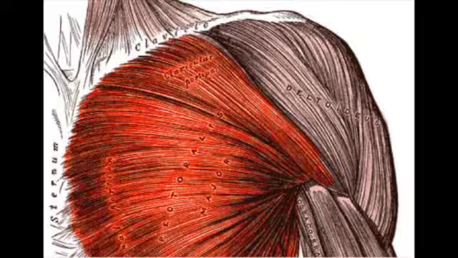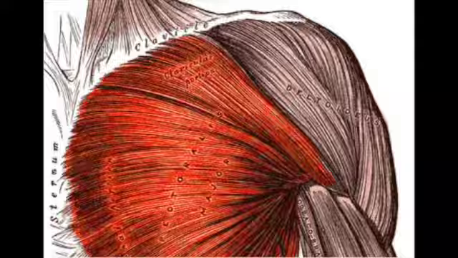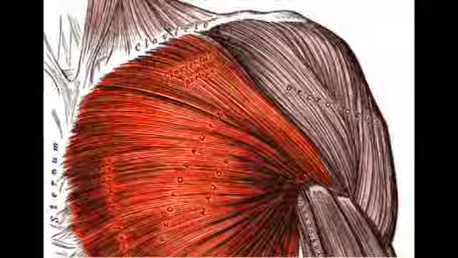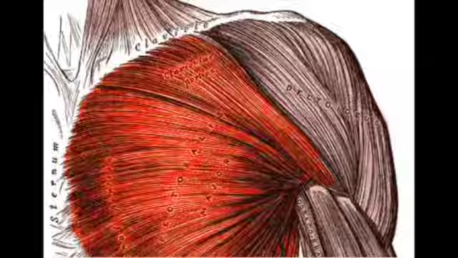And that is the muscle that is going to be dominantly responsible for a lot of movement in the shoulder, at least anteriorly, that is. So we got flexion of the shoulder, moving your arm up and forward. And then we also have adduction of the shoulder as well.